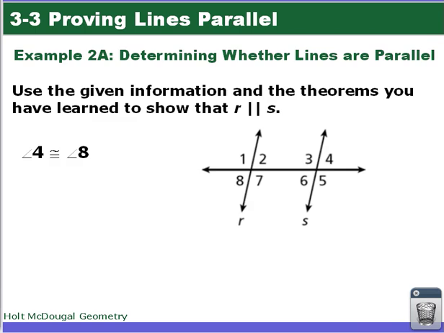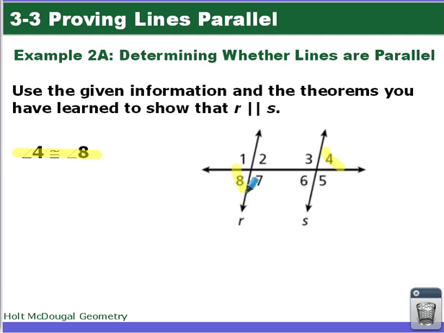Now it's time, let's try this one out. Now we're going to find out if the lines are parallel. Here we're given the information that angle 4 is congruent to angle 8. Angle 4 is here, angle 8 is there.